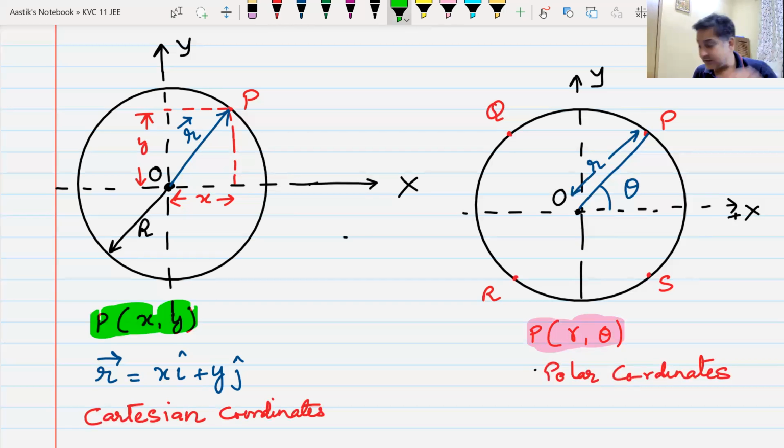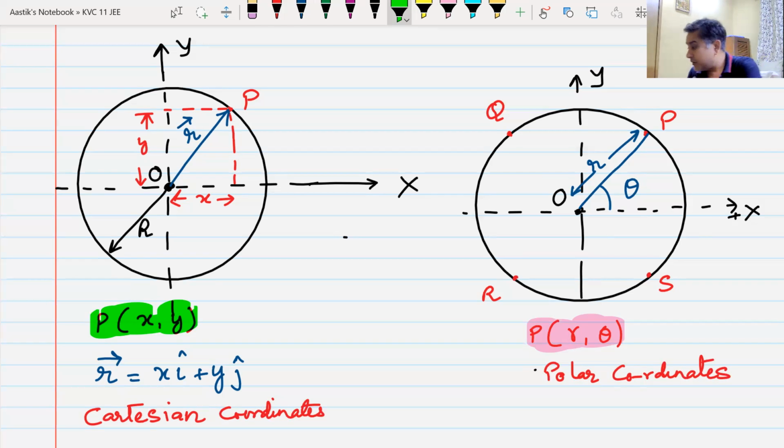Now, in this, there are two things. One is r, the radius. We already know the radius. The other thing is this angle theta. The most important aspect here, apart from r, is angle theta, because this angle theta actually tells us where the particle is. Only r cannot tell you. r is fixed; the radius of the circle is fixed.